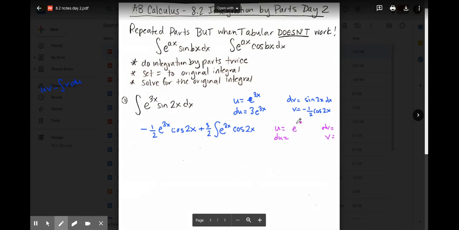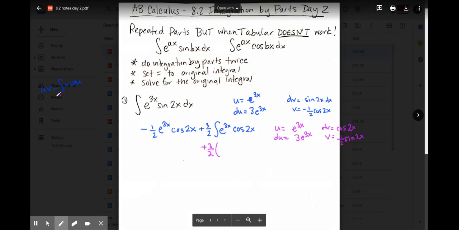So your u is e to the 3x. Our du is 3 e to the 3x. Our dv would be cosine 2x. The integral of cosine 2x is 1/2 sine 2x. All right, so now what we're going to have is plus 3/2 times.